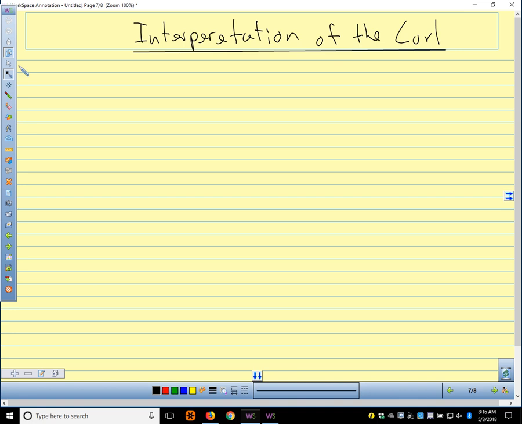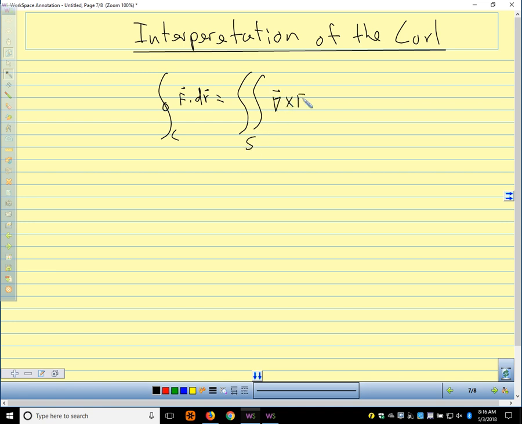We talked about curl being a tendency of a field to rotate or cause rotation. So Stokes theorem says the line integral of F dot dr, the tangential component of our field, is equal to the surface integral of the curl of F dot n, so the flux of the normal component of the curl over the surface. We call this line integral the circulation.